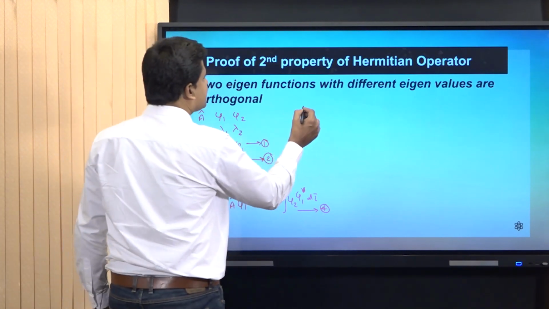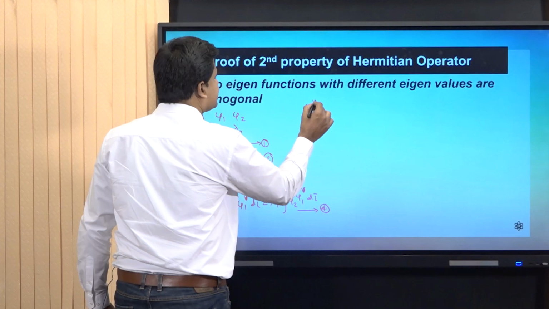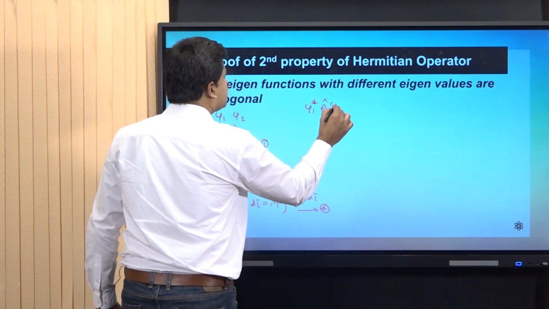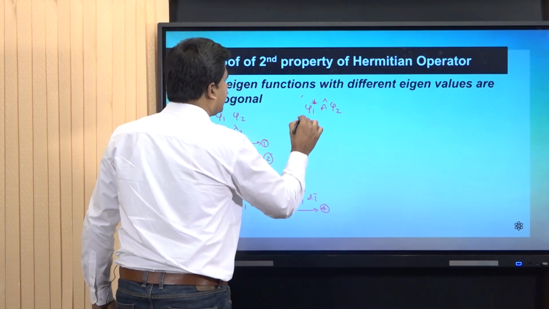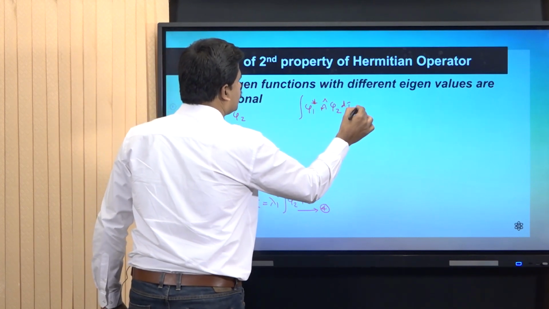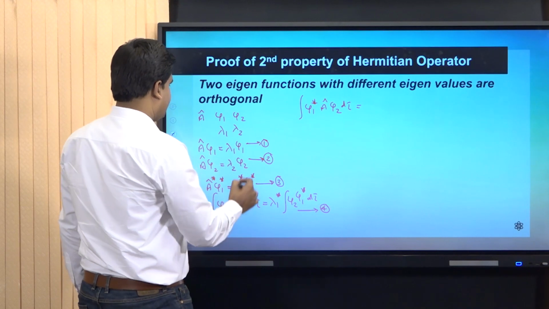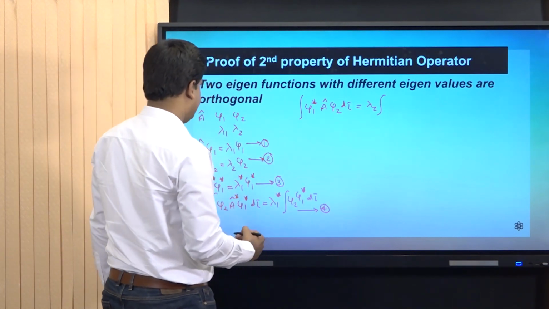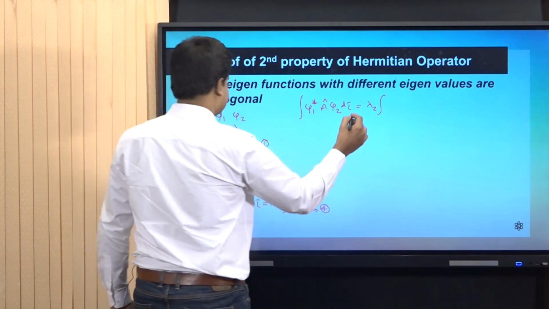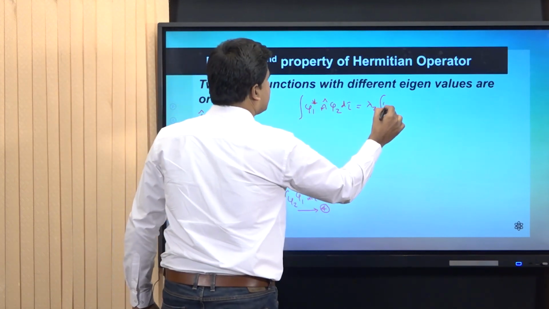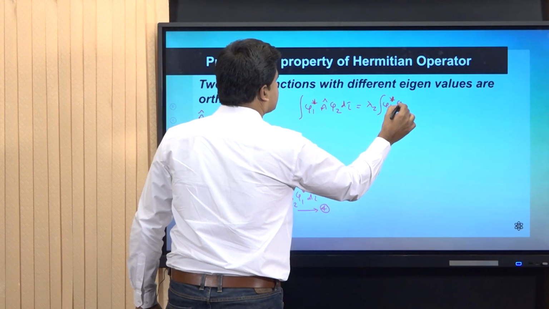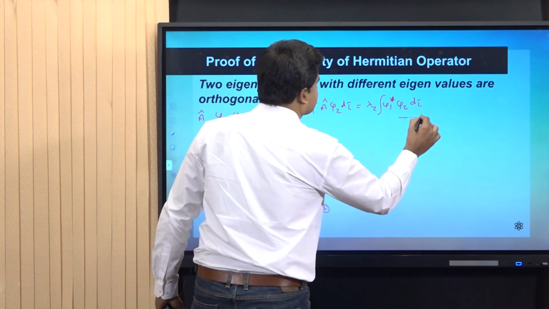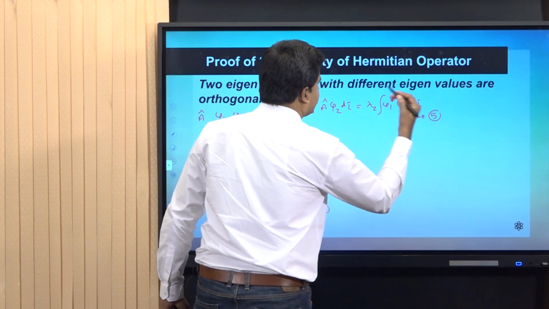On left multiplication with psi 1 star, we get the integral of psi 1 star A hat psi 2 d tau equal to lambda 2 times the integral of psi 1 star psi 2 d tau. I mark it as equation number 5.